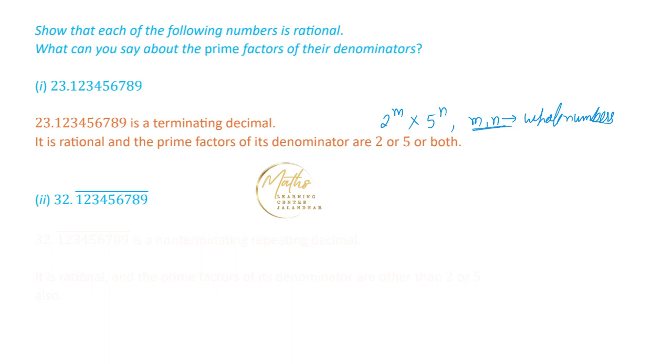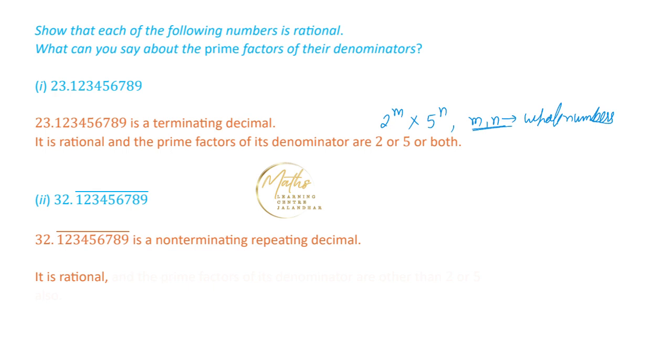Next, regarding the second number, we have 32.123456789 with a bar over it. So this number is a non-terminating but repeating decimal. It means again it is a rational number.